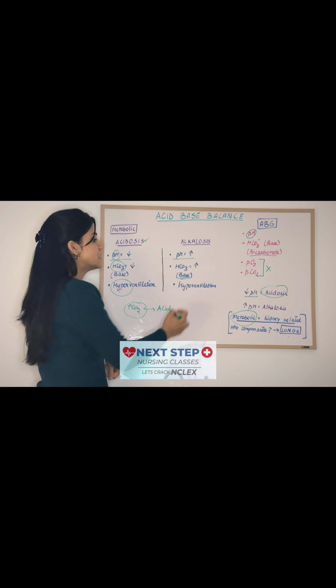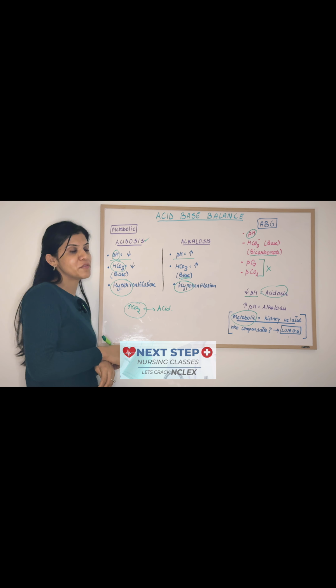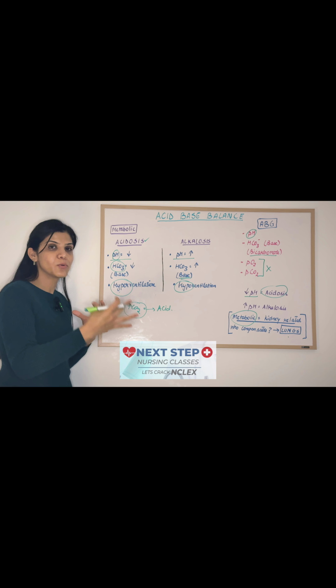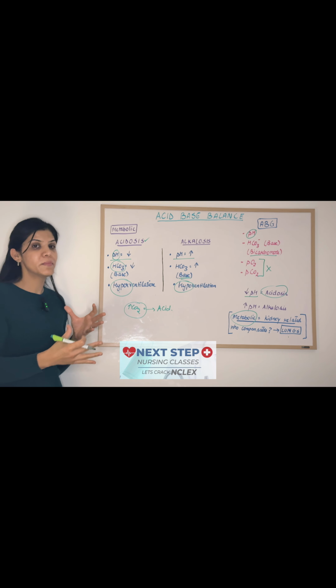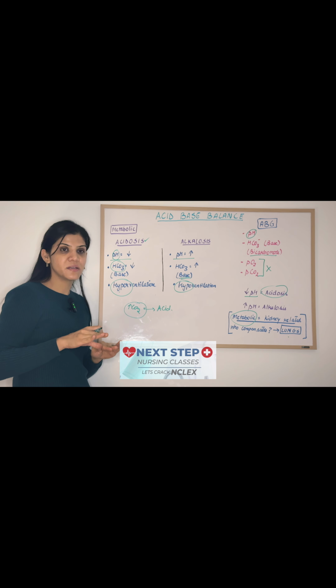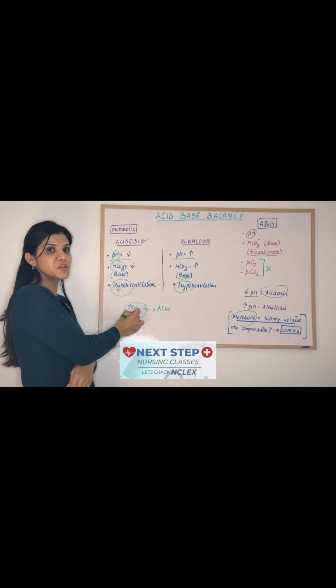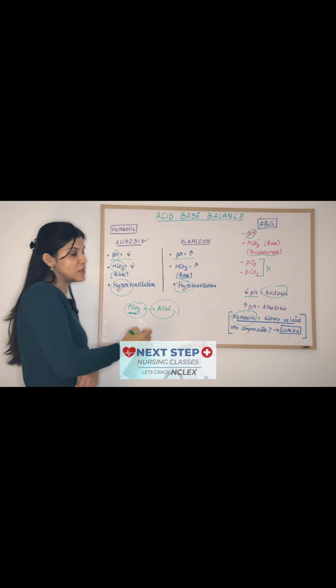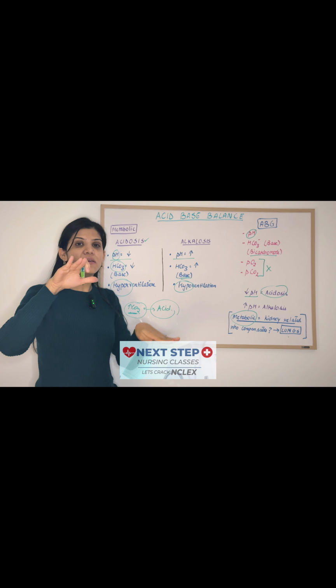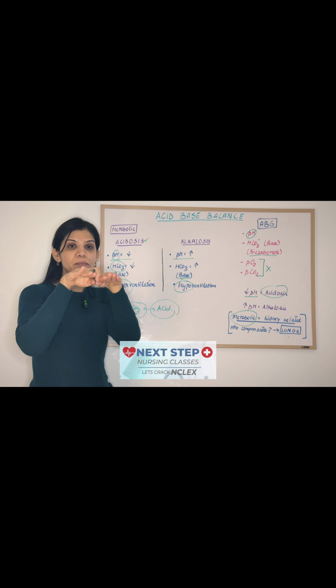Now, why does the patient hypoventilate in case of alkalosis? The patient hypoventilates because the lungs are trying to compensate again for the kidney problem, and this time the lungs are trying to hold whatever carbon dioxide the body has inside the body, because the higher the carbon dioxide concentration, the more the acid production. And here, because the base is already very high, we have to increase the acid production so that they both can become balanced.